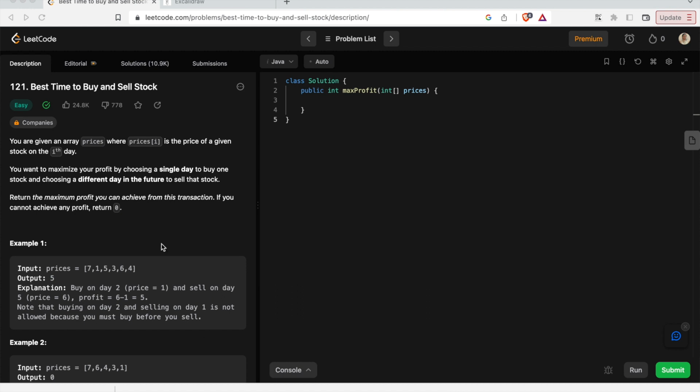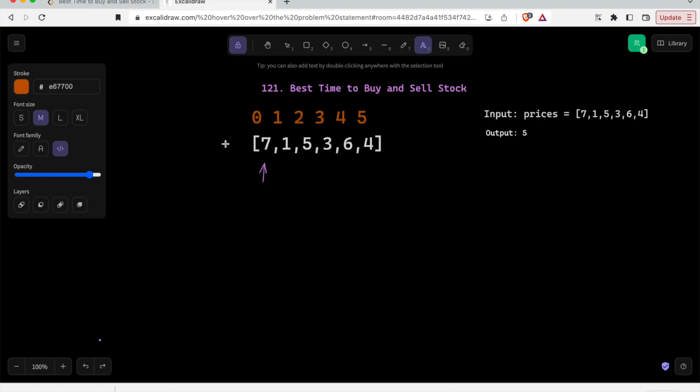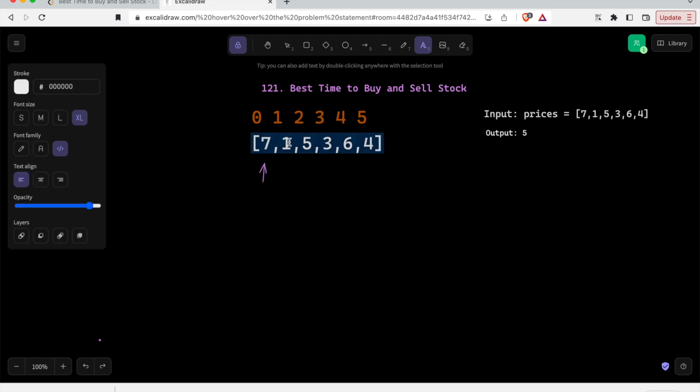So let's understand this problem statement with a better example and try to solve it with the brute force approach. Let's say you are given this input, and you can buy the stock on any given day and sell it in the future. Say you buy the stock on day 0 at a price of 7 and sell it on further future days.